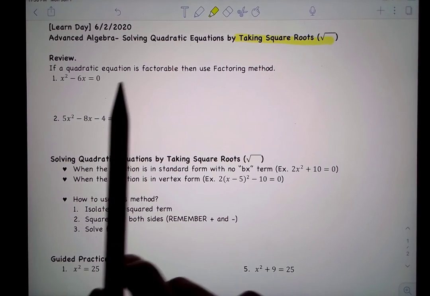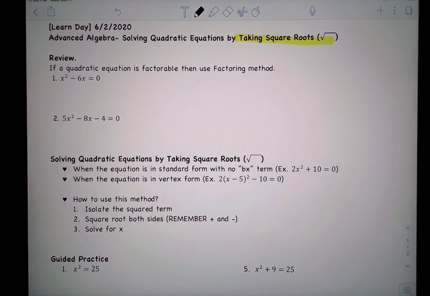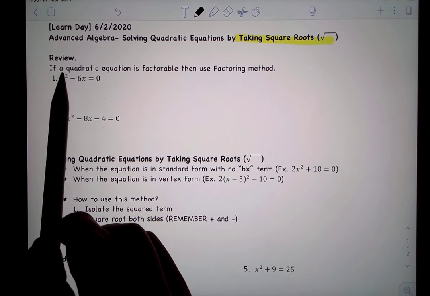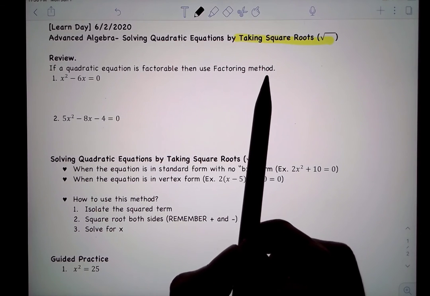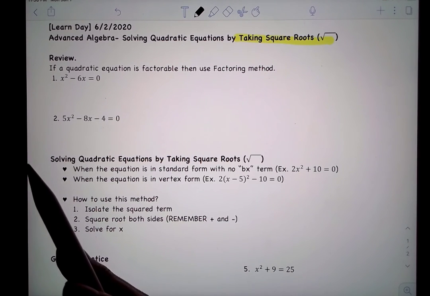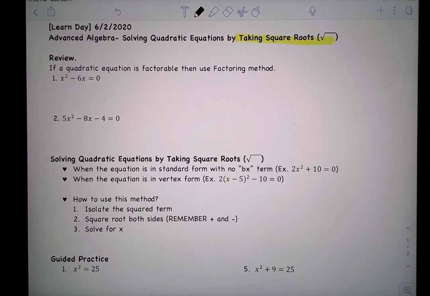So, review. We did this kind of thing, right? Solving quadratic equations. If a quadratic equation is factorable, then use the factoring method. The factoring method means you convert it to standard form, so all terms are on the left side in order, highest power to the constant, and your right side must be 0.